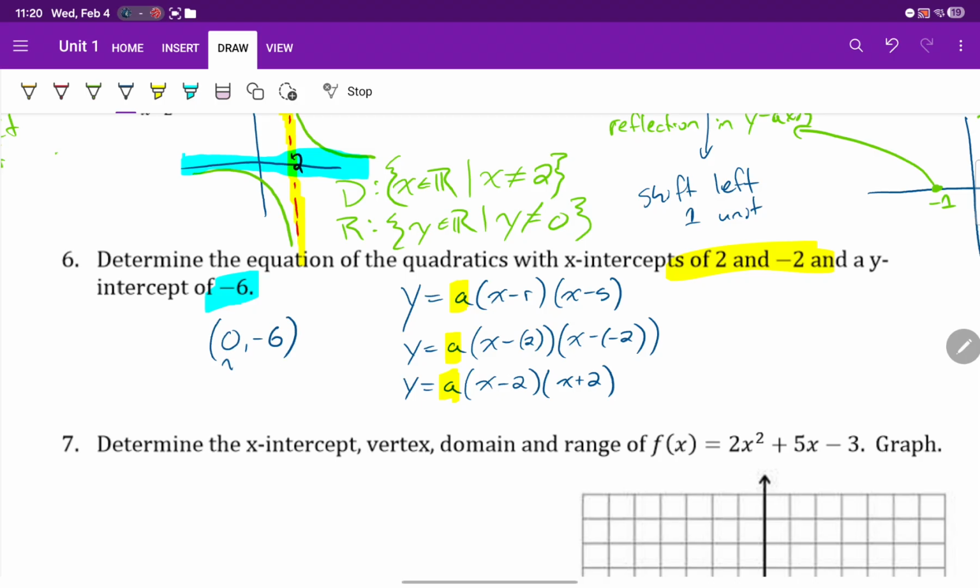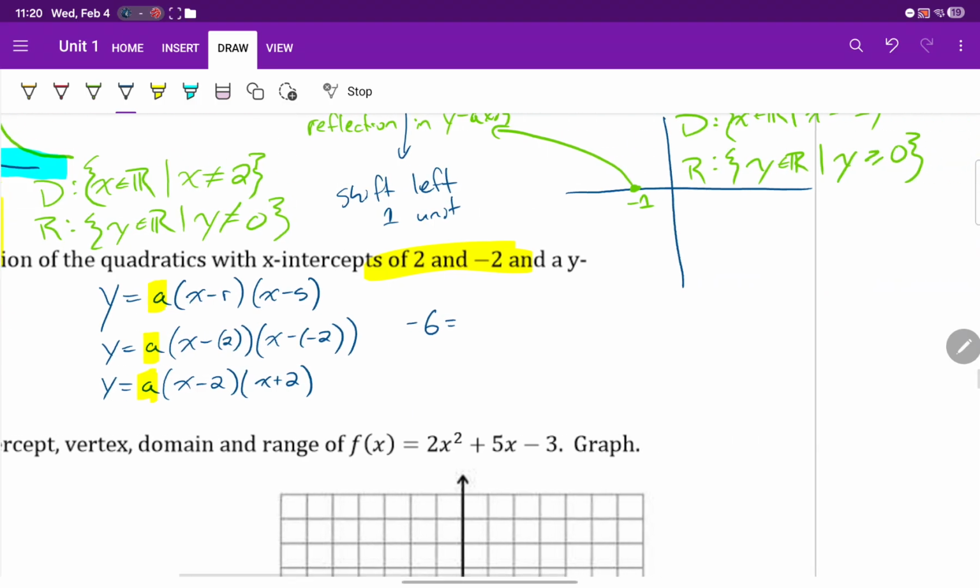And so this is an x-coordinate and a y-coordinate. What I'm going to do is sub those in for x and y in my equation. So I get -6 equals a, subbing in 0: (0 - 2)(0 + 2). That's -6 equals a times negative 2 times 2.